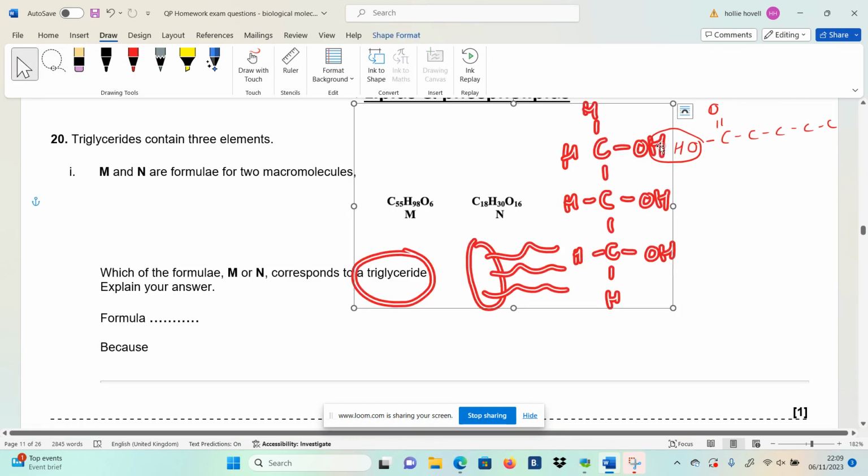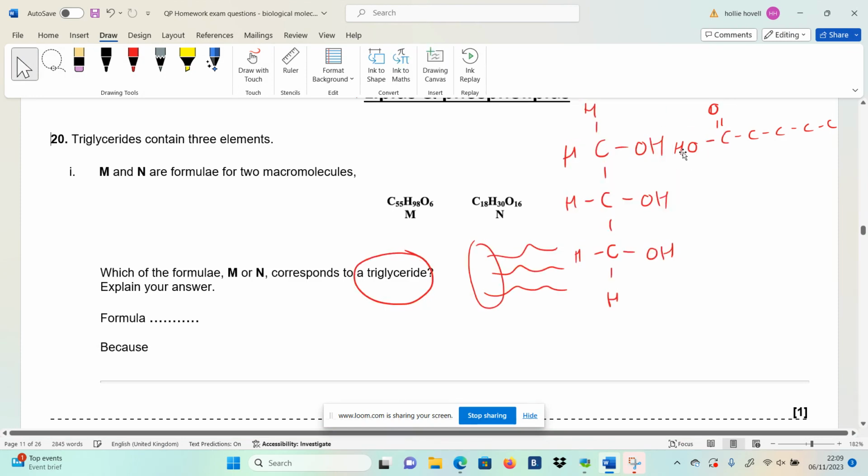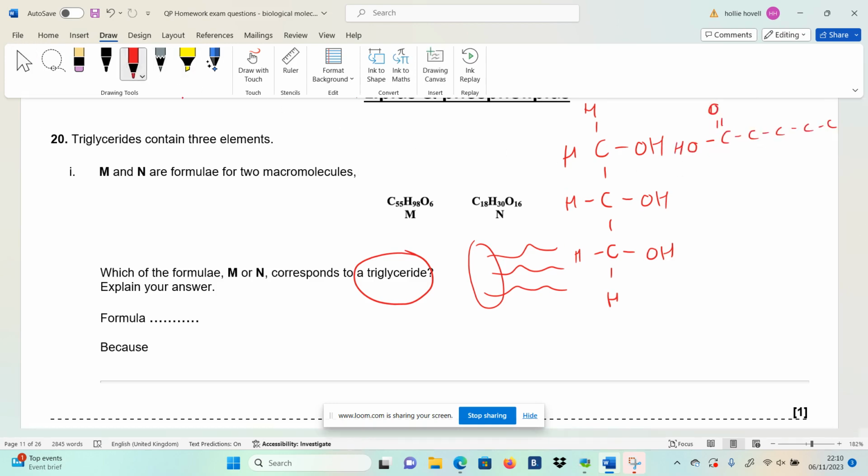So these ones come off, we'll just scribble them out. Okay, and it just joins on like that. Then this molecule is all just hydrogens, because that's hydrocarbon on the fatty acid. So the same thing you'd have here, we normally simplify it just to a zigzag line.